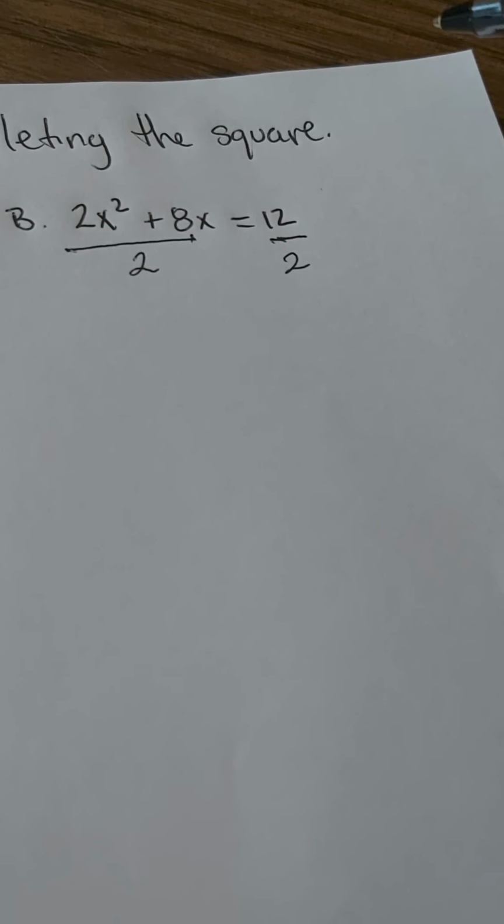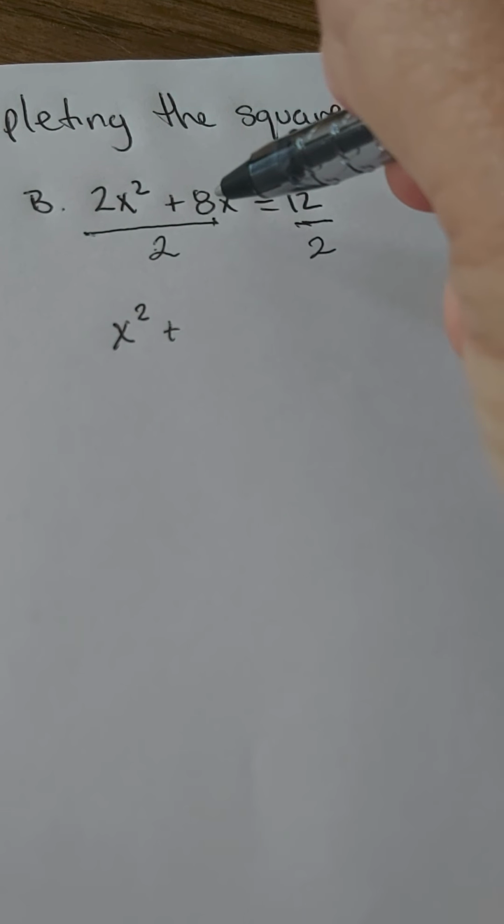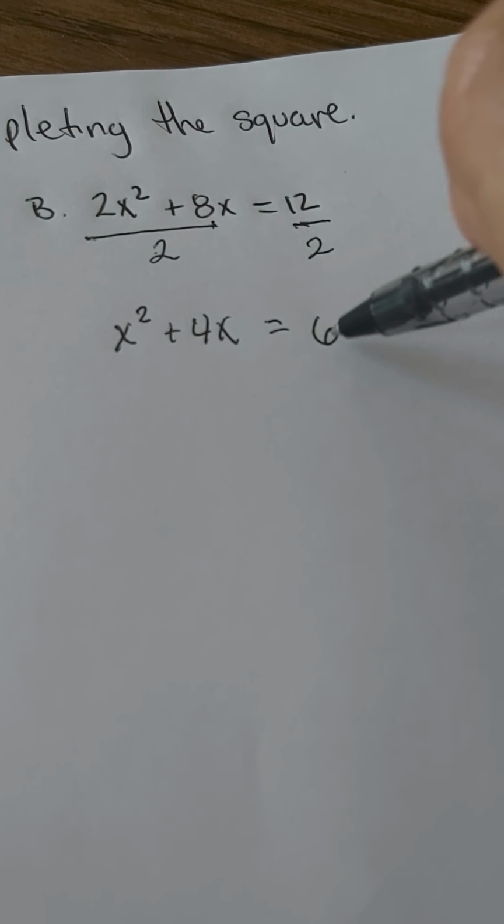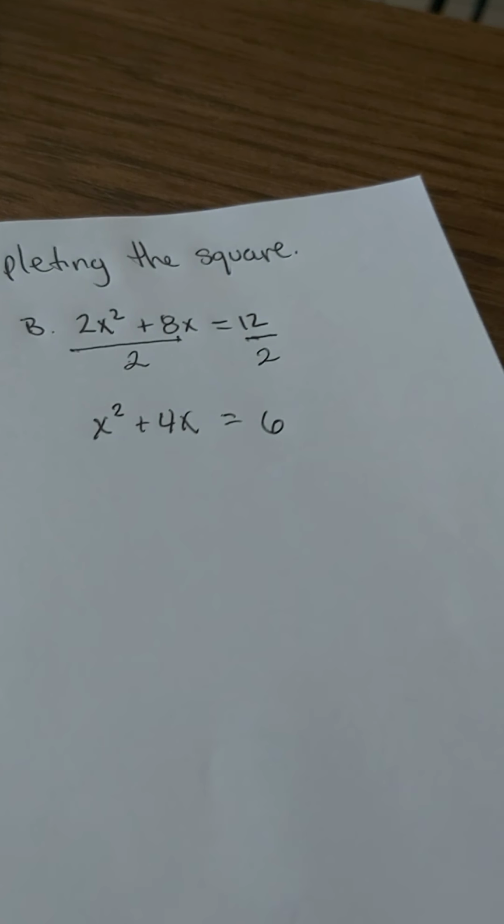How do we make this 2 a 1? By dividing both sides of the equation by a, in this case, dividing by 2. So let's simplify. 2 divided by 2 is 1, that's 1x squared, plus 8 divided by 2, 4x, equals 12 divided by 2, that's 6.